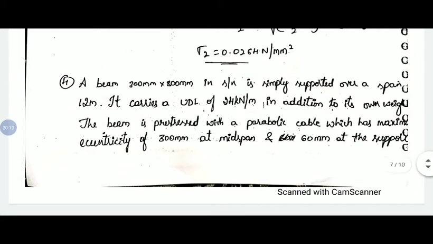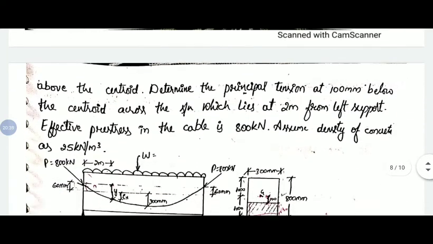Next problem. A beam 300 by 800 in cross section is simply supported over a span of 12 meter. It carries a UDL of 24 kilonewton per meter in addition to its own weight. The beam is pre-stressed with a parabolic cable which has a maximum eccentricity of 300 mm at midspan and 60 mm at supports above the centroid.